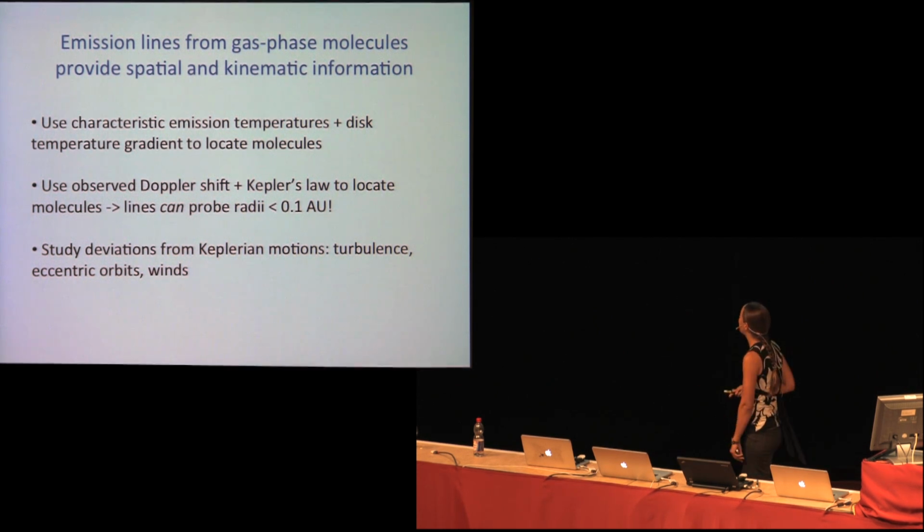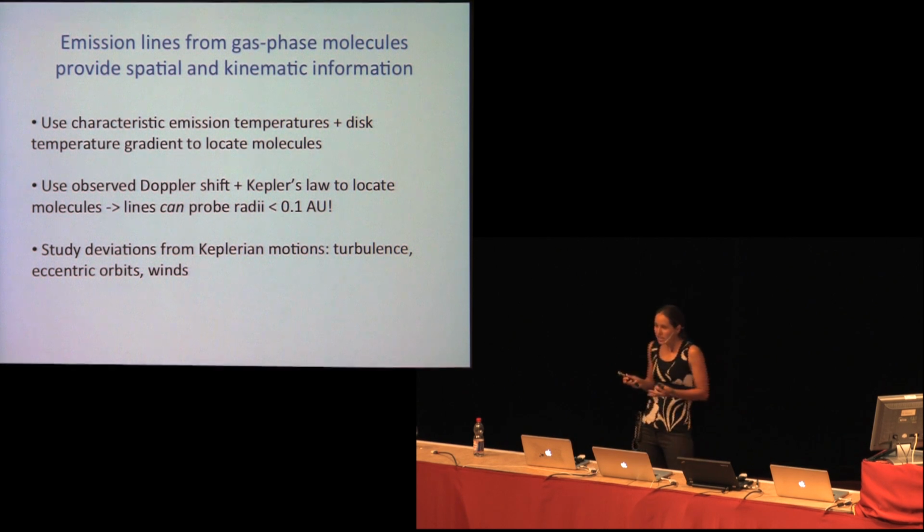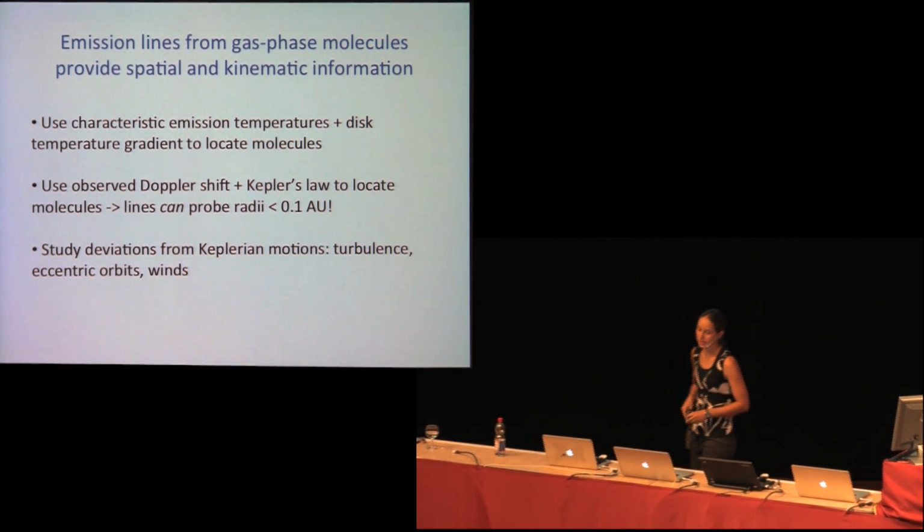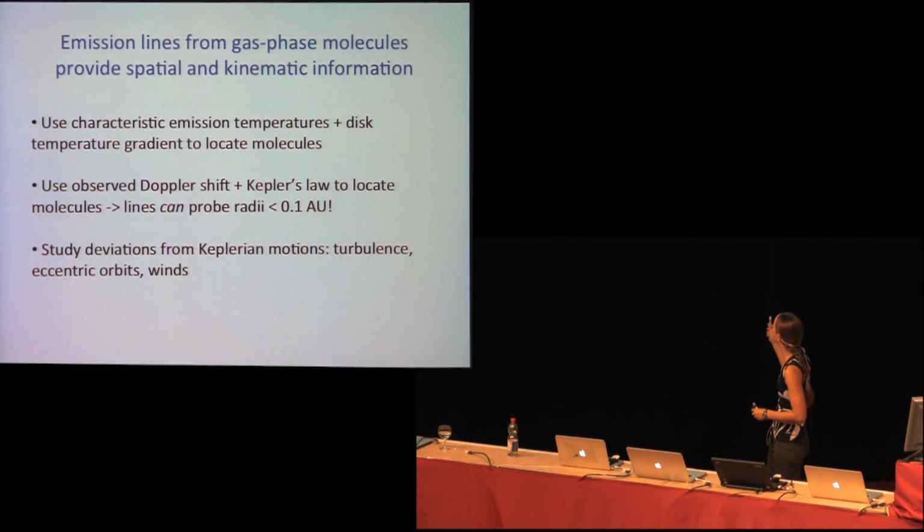One interesting thing about this is that the regions very close to the star and the disk have very high velocities. So you actually have a bias towards being able to resolve structure that's on very small scales in disks. So you can probe potentially very small radii.